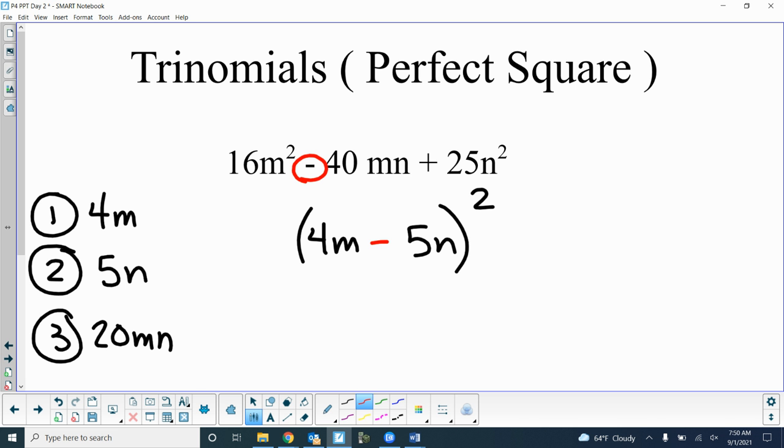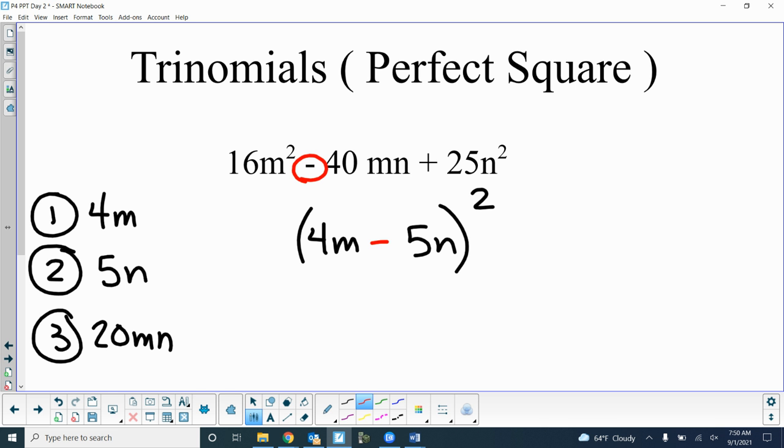What are the factors of 400 that add up to 40? 20 and 20, right? So you would rewrite it as 16m squared minus 20mn minus 20mn plus 25n squared, and do our grouping stuff like we've been doing, and you'll get that answer. But this way, if you recognize this, it's quicker. Okay?